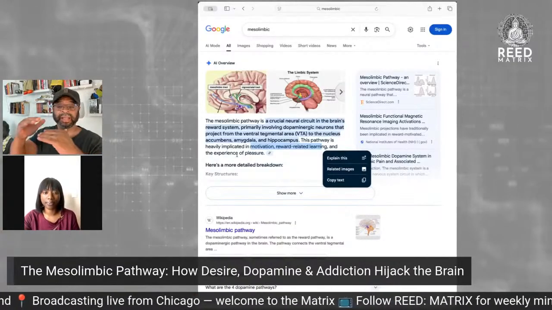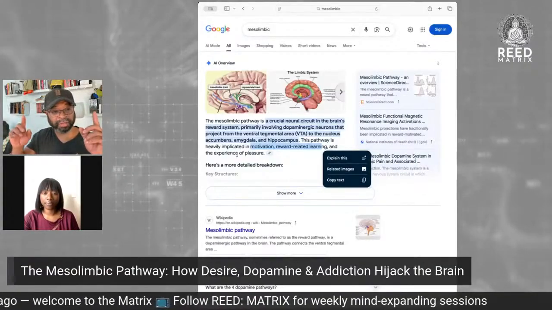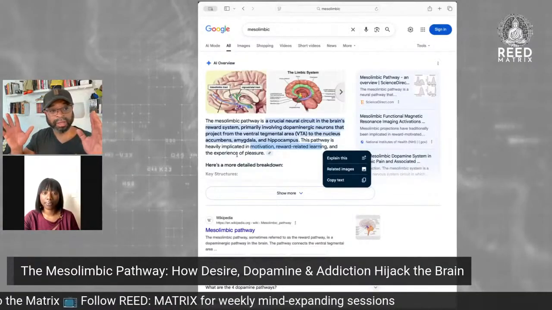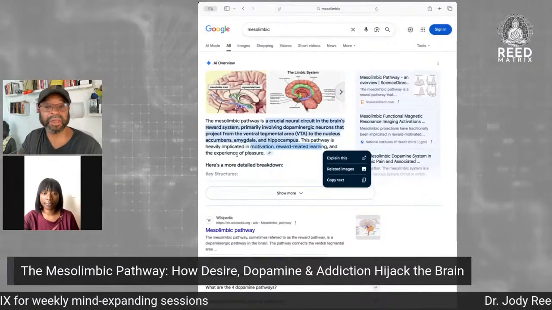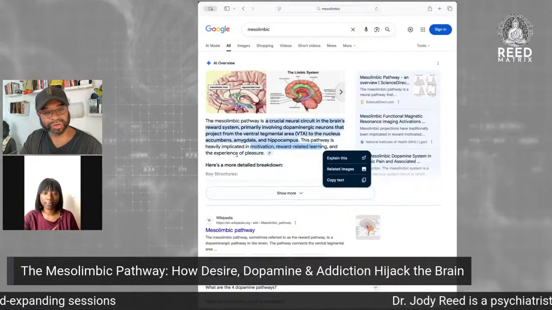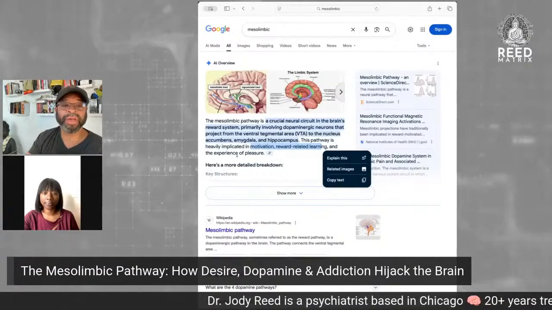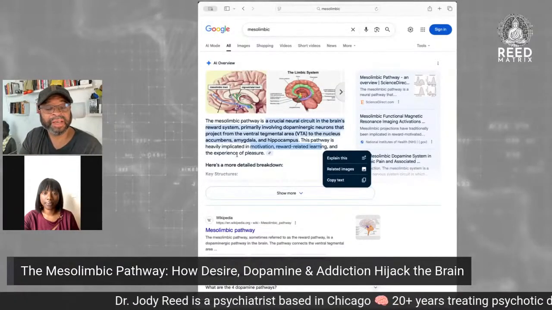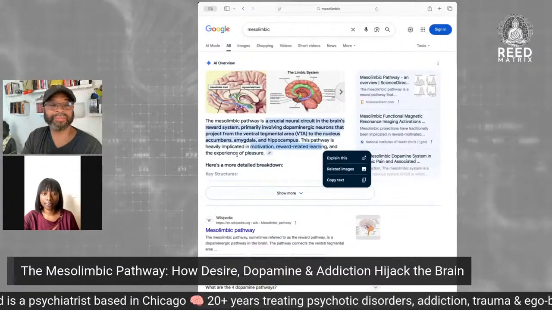And they exist at a higher consciousness state where they believe that everything is working well and coherent. So many times in the face of substance use, like with cocaine, they say they have to use it in order to feel normal. This reward pathway is very important because people use it to modulate their experience of pleasure.